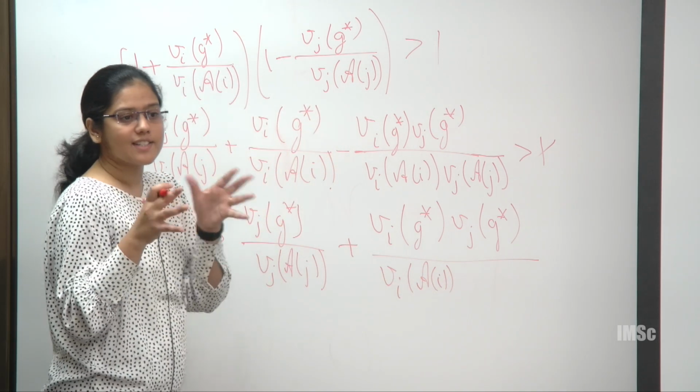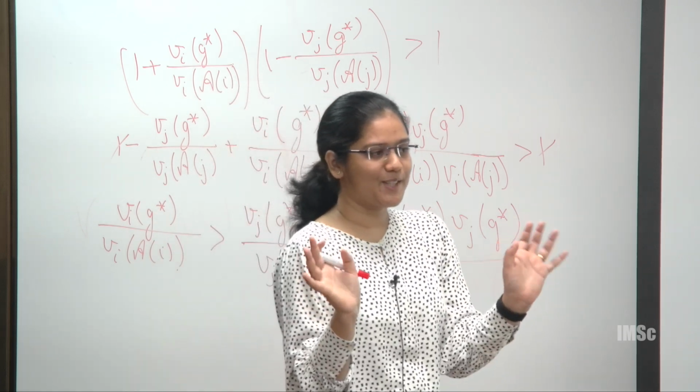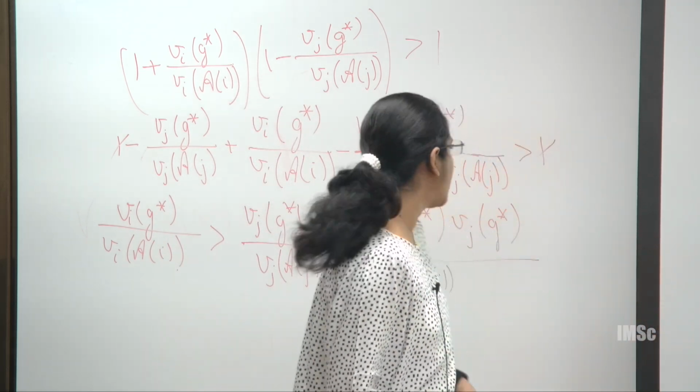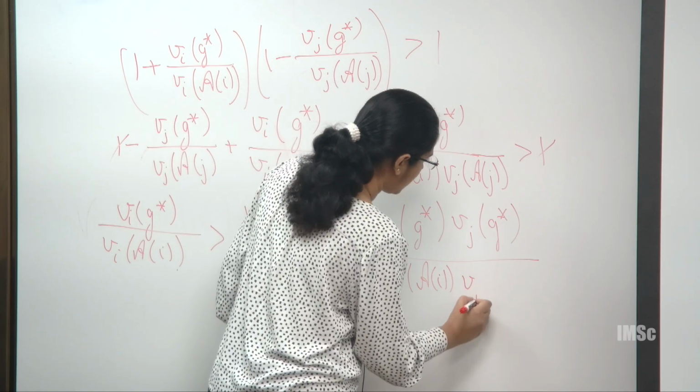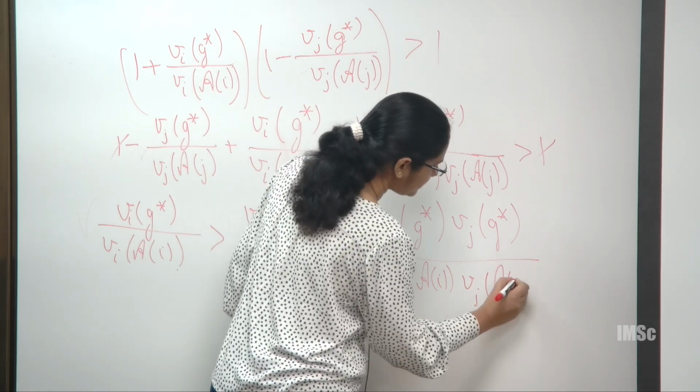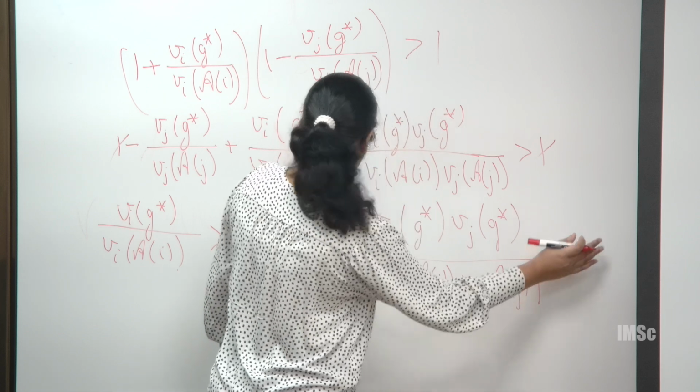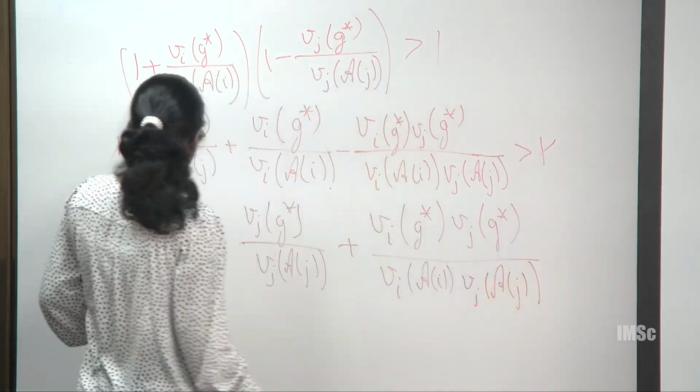Again, we are just restating what we want to show equivalently. Then just two of our assumptions will lead us to these inequalities. So, this is what we want to show.